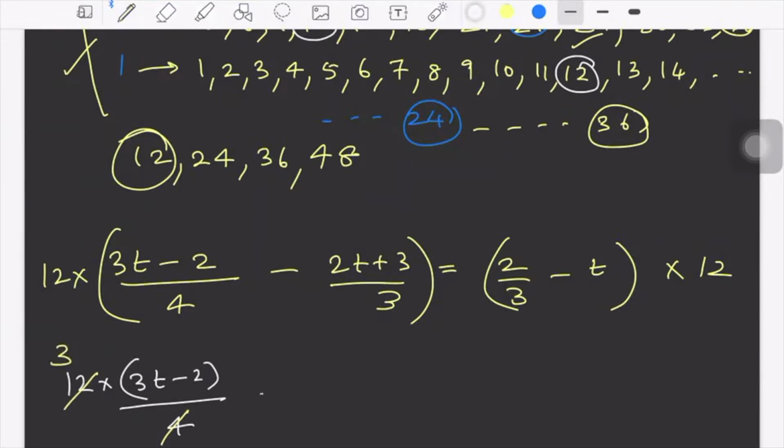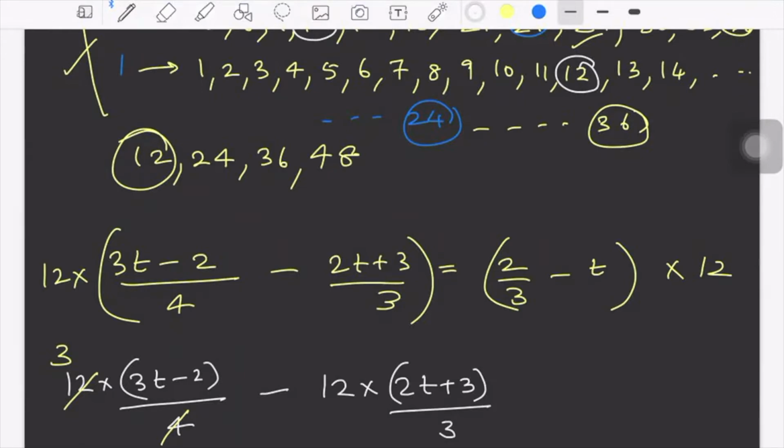Yes, again, the next step, we have 12 into 2t plus 3 divided by 3. Now here also we are very sure that 3 will go away. Why? Because 12 is chosen in such a way that it is also a multiple of 3.